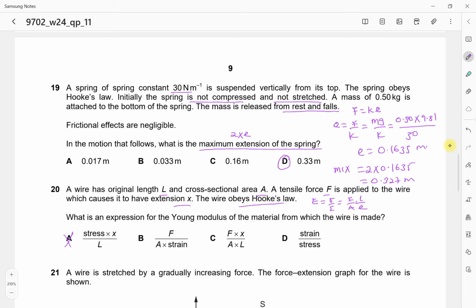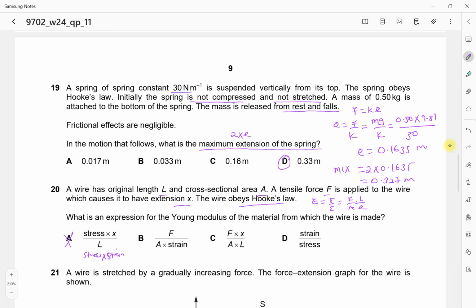This is the same as stress times extension, where X is the extension and L is the original length. Stress times extension is not Young modulus. This one is the same as stress times strain. Stress times strain is not Young modulus.